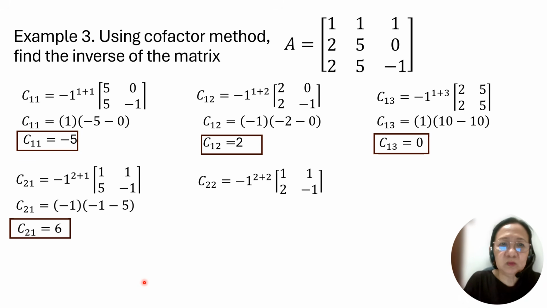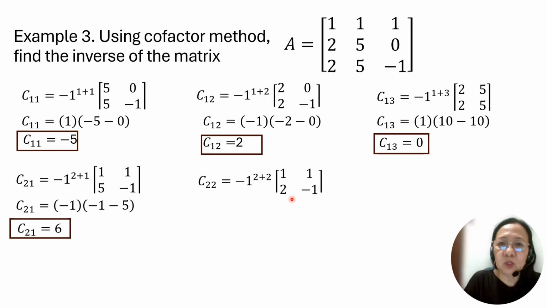Next is C sub 22, wherein the position is represented by 5. 2 plus 2, that is the sign. Then let us slash the second row and second column. So the remaining matrix is 1, 1, 2, negative 1.